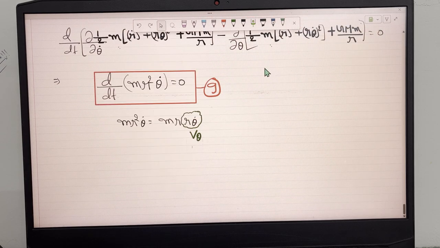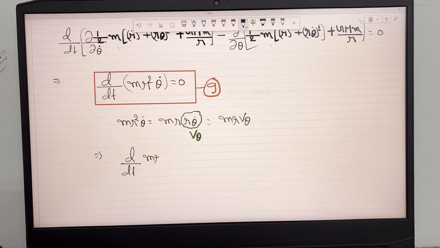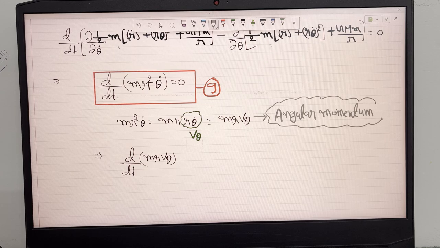So we can write this as m r b theta. That is why d by dt of m r b theta. Guys, this m r b theta is called the angular momentum.